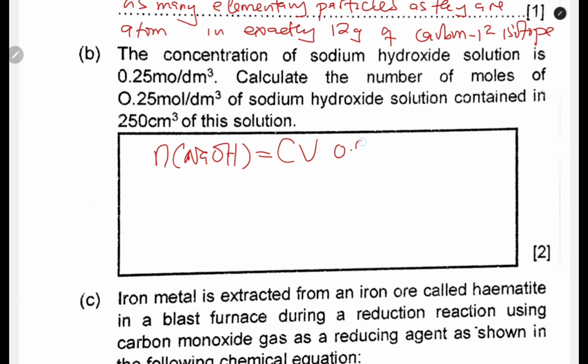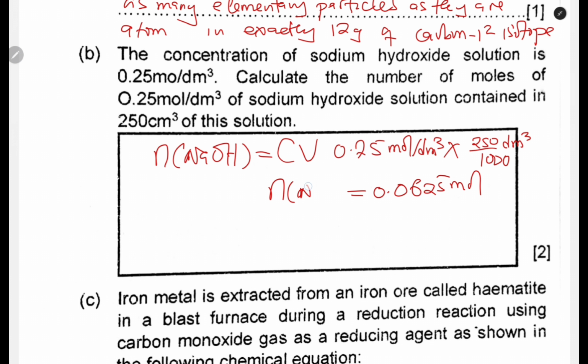The concentration is 0.25 mole per decimeter cubed, multiplied by the volume, 250 divided by 1000 decimeter cubed, which gives 0.25. So we multiply 0.25 by 0.25, and it gives 0.0625 mole. This is the number of moles of sodium hydroxide.